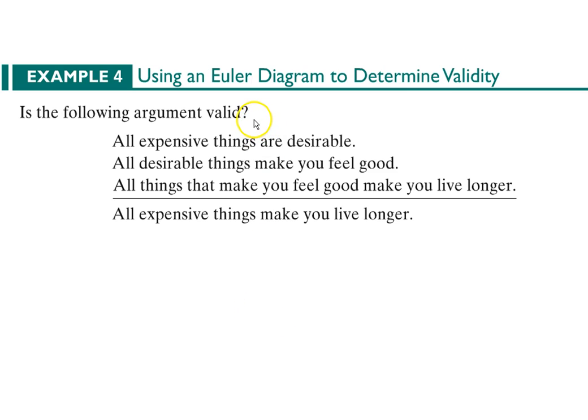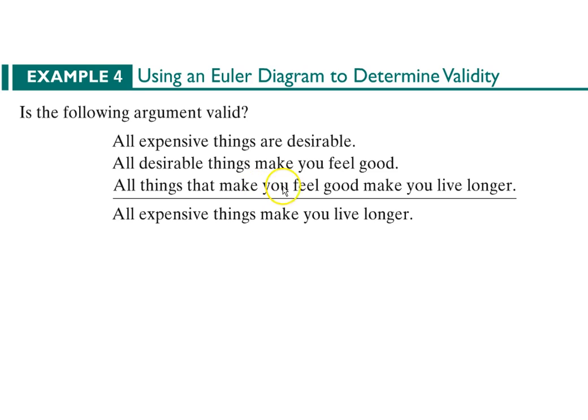Okay, taking a look at this one. All expensive things are desirable. All desirable things make you feel good. Maybe, again, we're not talking about whether something's true or not, because there's some question on that, especially this next one.